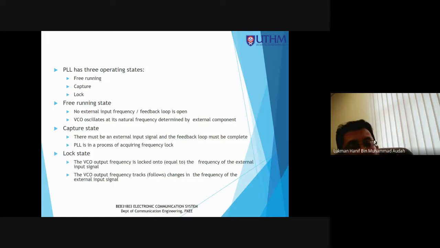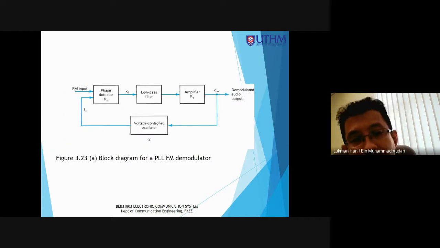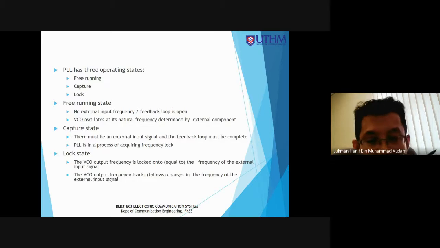Okay. So PLL consists of 3 states. Free running state, capture state and lock state. Okay, saya tunjukkan yang ini dulu.